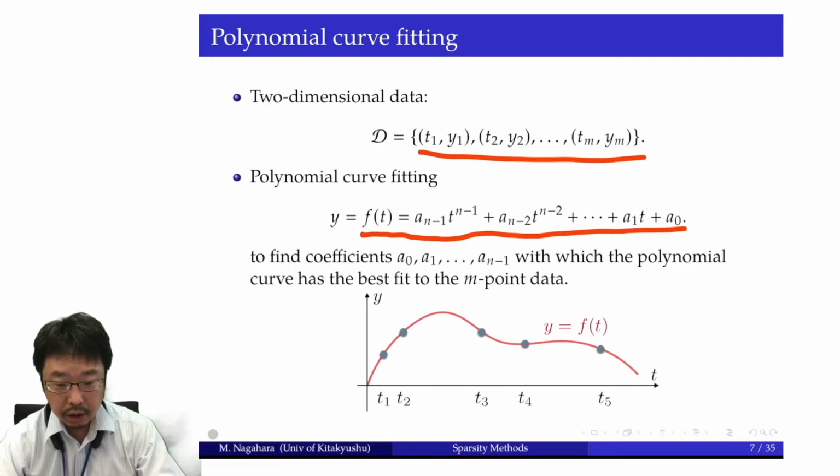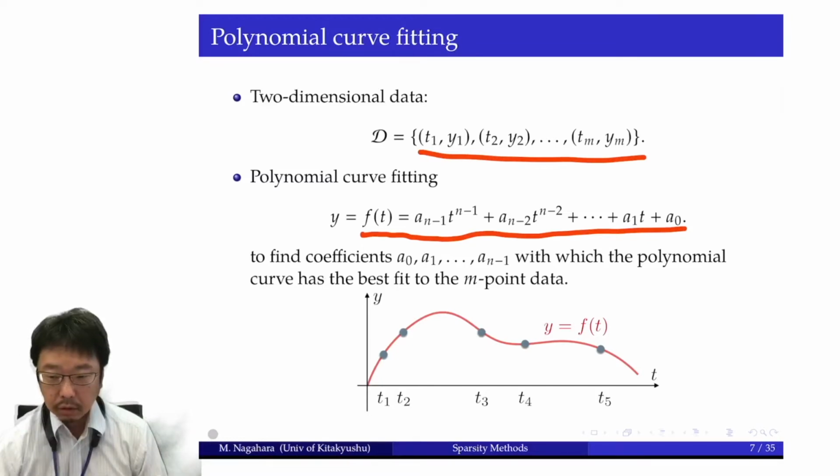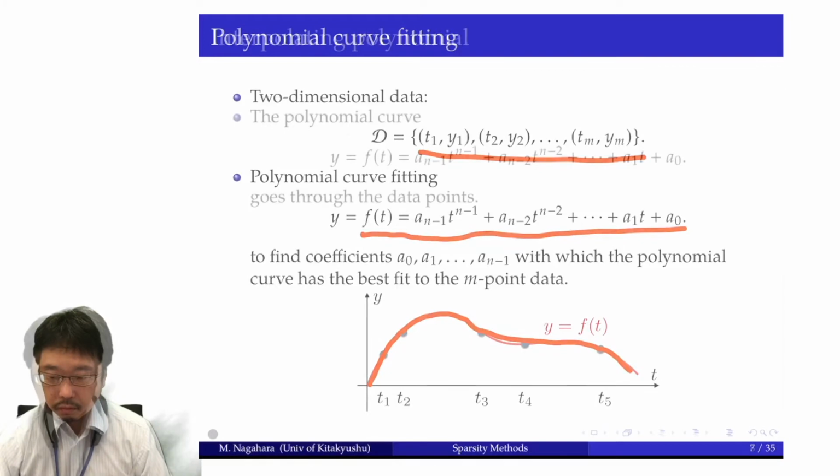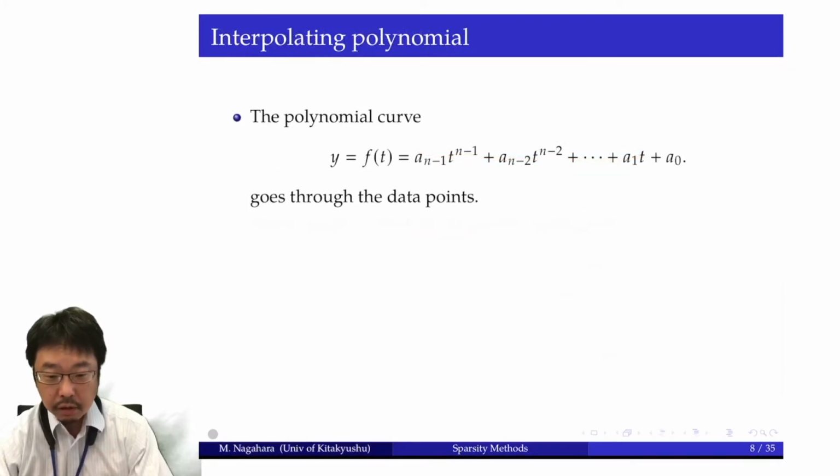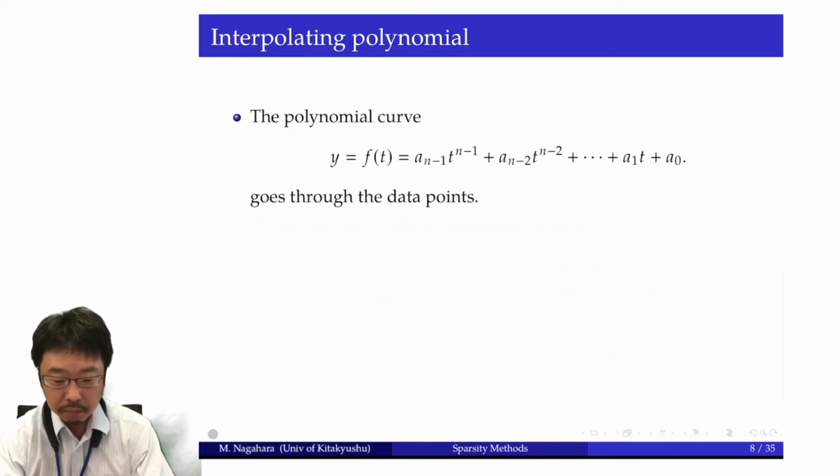More precisely, we find coefficients a0, a1, up to a(n-1) of this polynomial, with which the polynomial curve has the best fit to the m-point data. In particular, we consider the interpolating polynomial as shown in this picture. That is, we find the polynomial curve that goes through the data points.